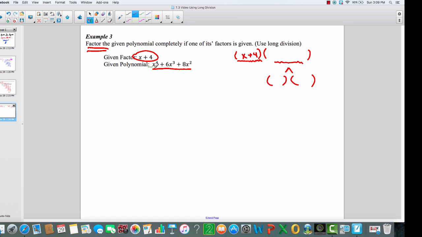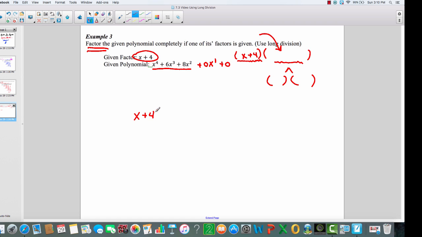We want to figure out what's the other factor right here. So let's set it up. Now, careful, it's missing some things right here, wouldn't you say? Like x to the first and a constant. So I don't think we're going to need it in this example, but it's a good habit to write those in. So let's do that.